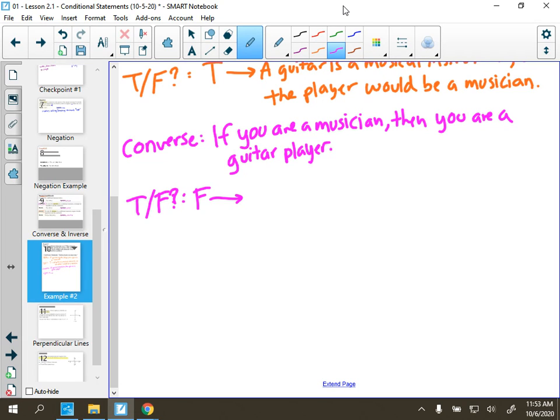Lots of different options as far as being considered what most people would call a musician, and not necessarily playing the guitar. So we just need to summarize that in your own words. Maybe even as short as: not all musicians are guitar players.